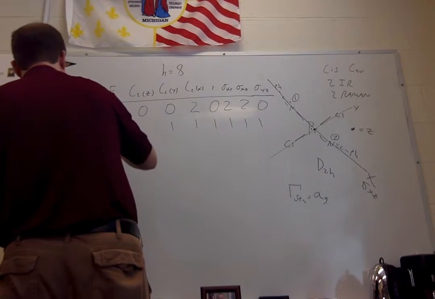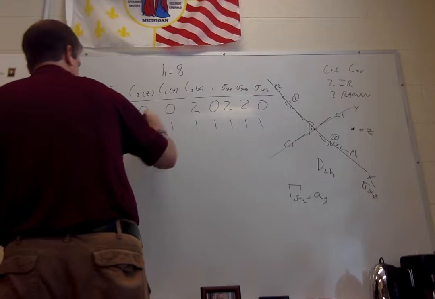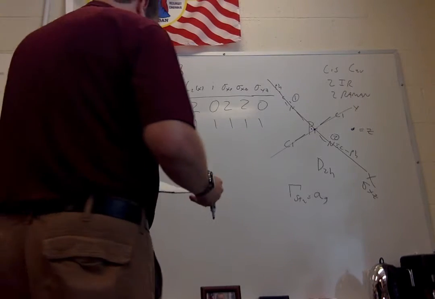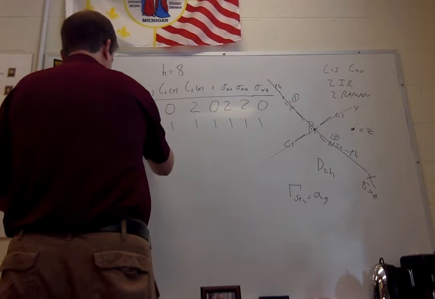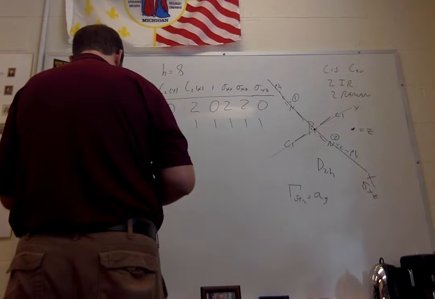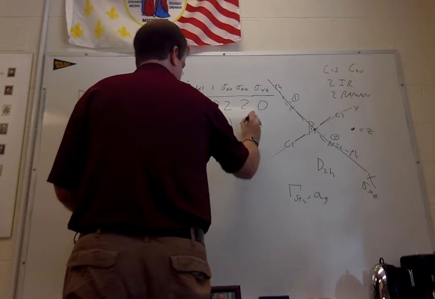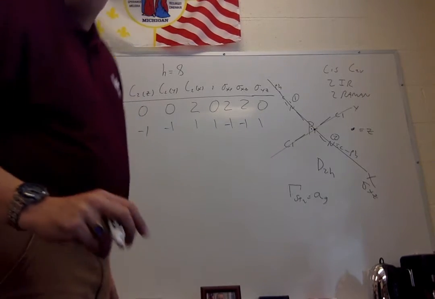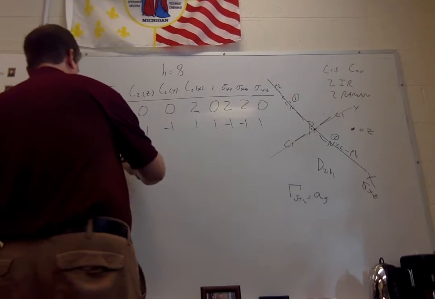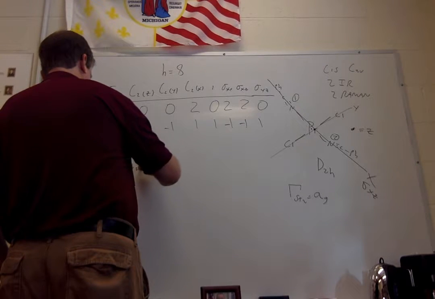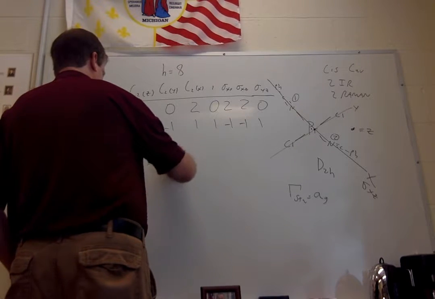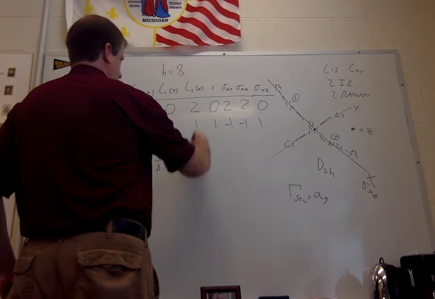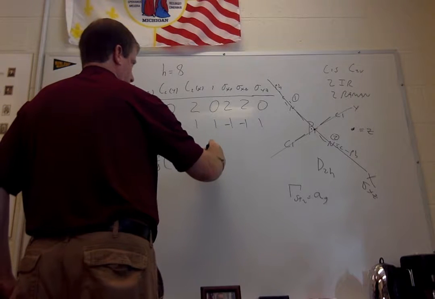Next up, B3g. And the characters for this are 1, minus 1, minus 1, 1, 1, minus 1, minus 1, 1. So, how about this one? We have 1/8. 1 times 2 times 1, 2. 1 times 2 times 1, 2.